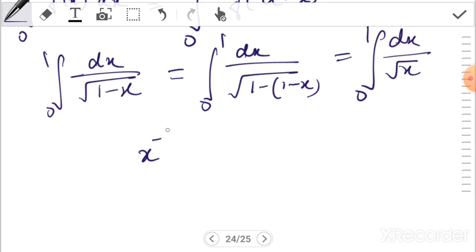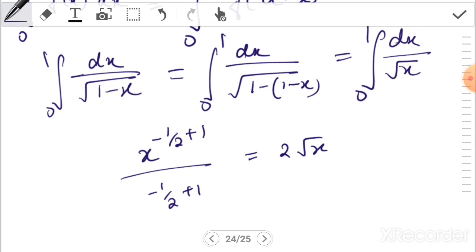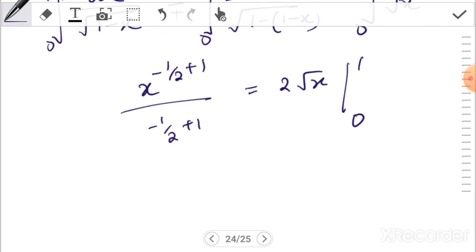Again, x power minus 1 by 2 plus 1 by minus 1 by 2 plus 1, which is equal to 2 root under x. And now substituting the limit 0 to 1, this is 2. So answer is equal to 2 here.